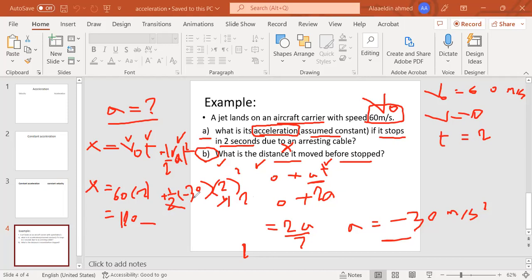So minus 30 times 2 is minus 60. So the result will be 120 minus 60, which is 60 meters. So this aeroplane will move 60 meters before it stops. Thank you.